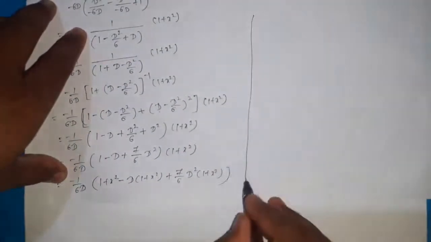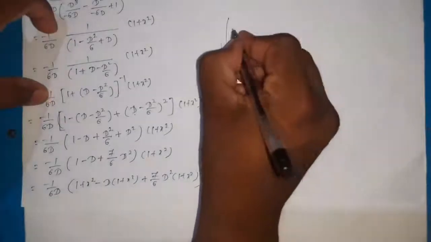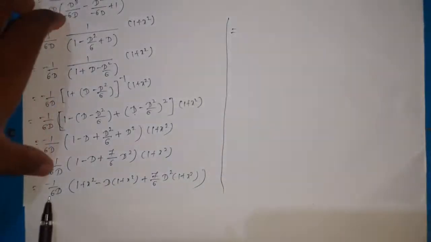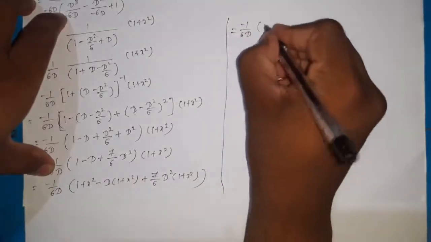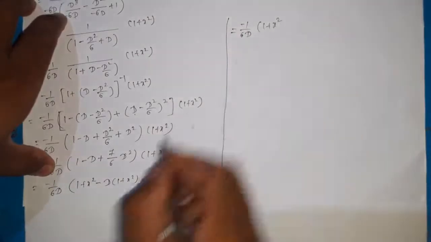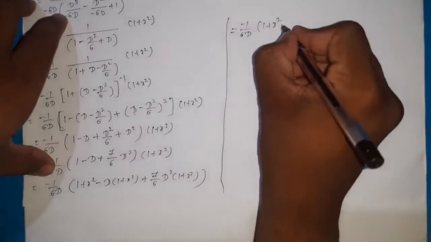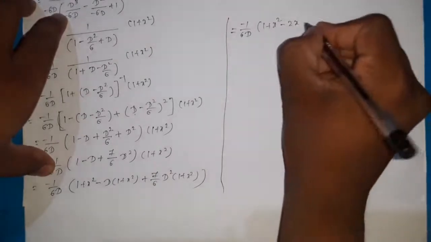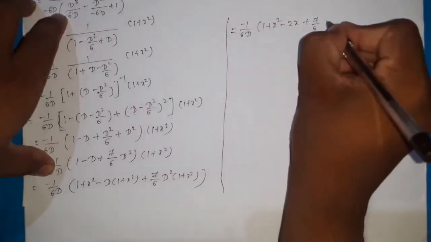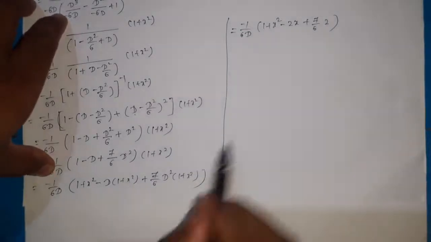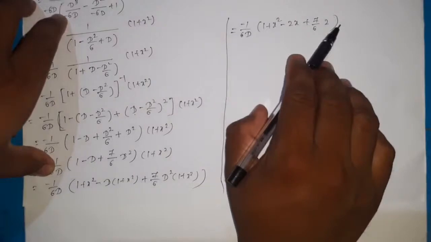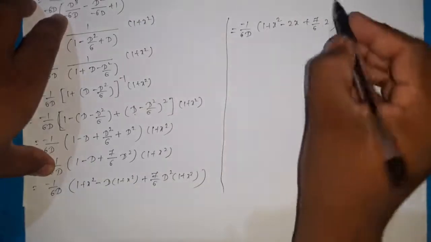So now this is equal to minus 1 by 6D into 1 plus x square minus the differentiation of 1 plus x square, which is 2x, plus 7 by 6 into 2, because the differential of 2x is 2 and the differential of 1 plus x square is 2x.